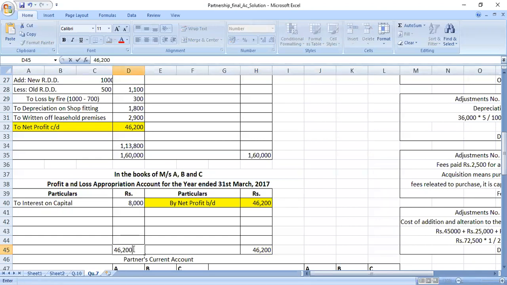So, you have to deduct the debit total, and the rest of the value will come. How much is it? 46,200 minus 8,000, the rest of the value is 38,200.